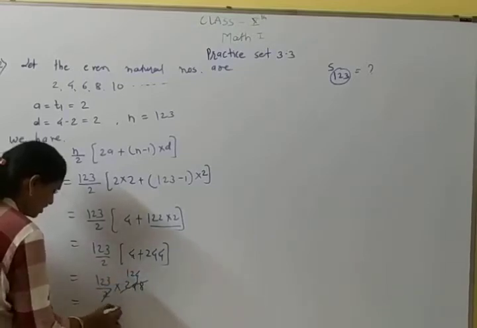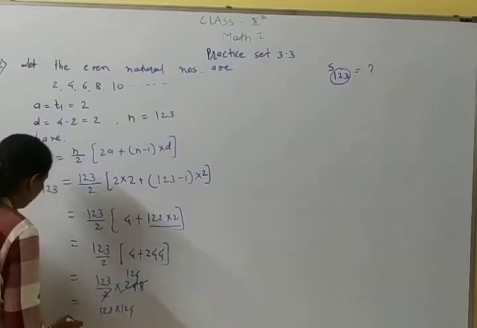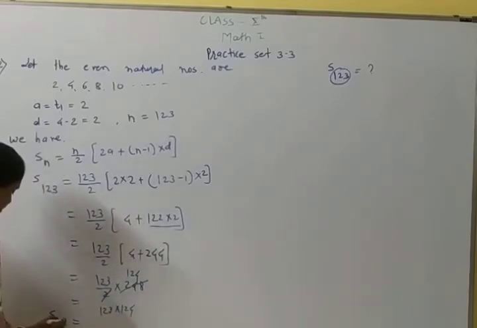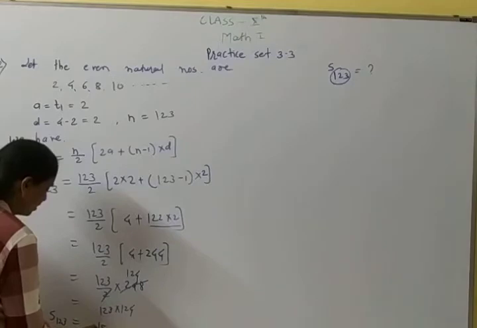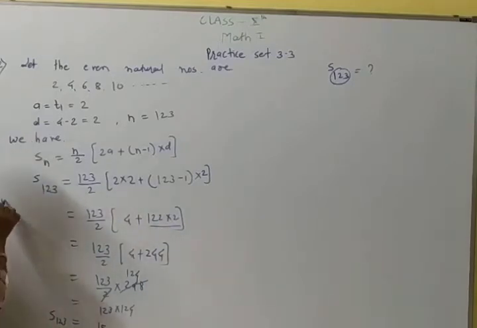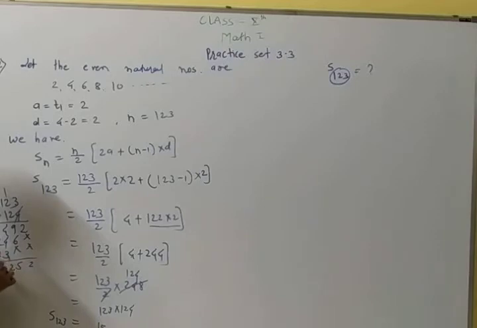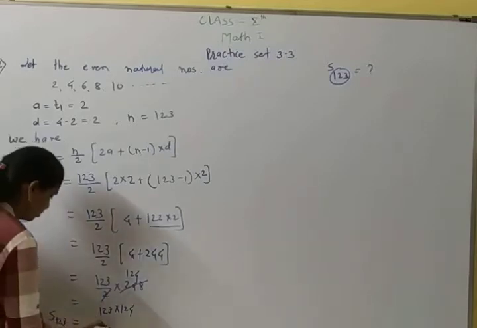Half of 248 is 124. So 123 into 124. Take 123 into 124, which equals 15,252.